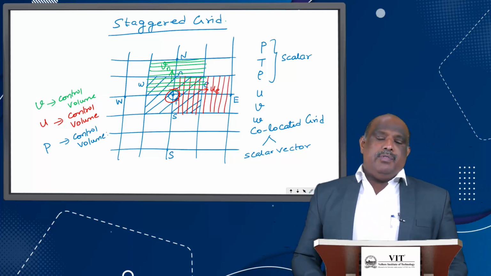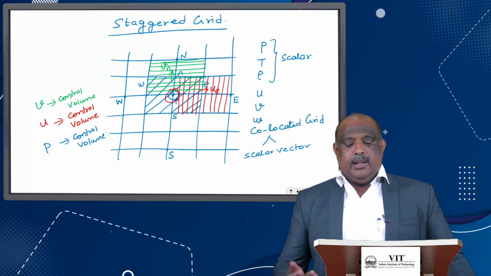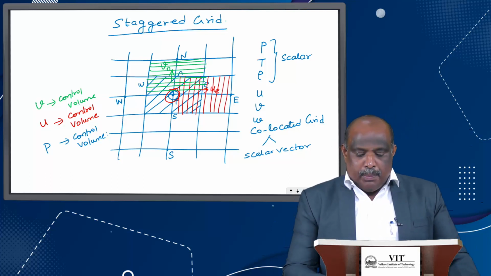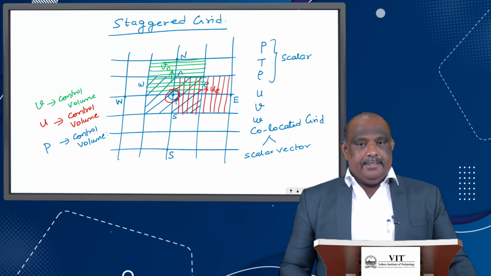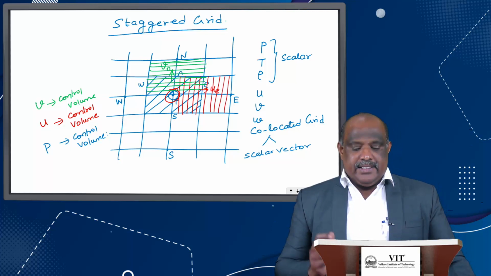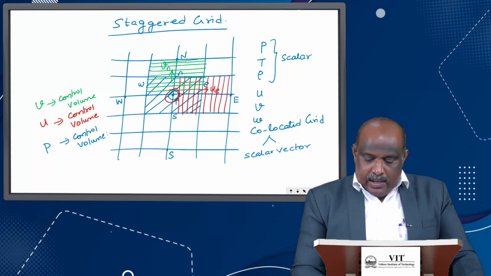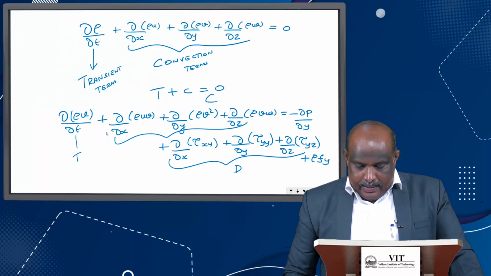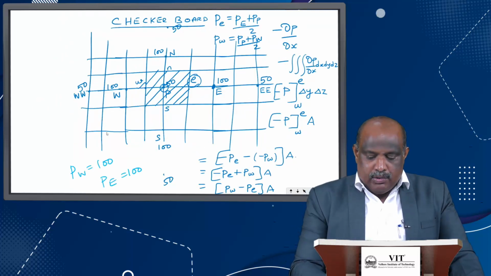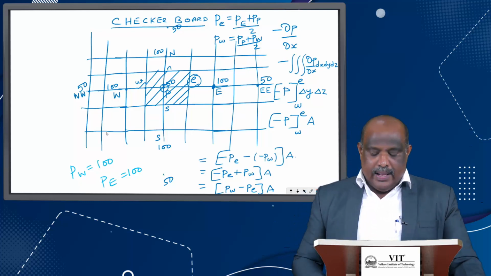So what is the advantage of staggering the control volumes? Let us see now. The U control volume starts from P and ends at E. The V control volume starts at P and ends at N. So what is the value at P? The value at P, as we have shown here, is 50. The value at E is 100.